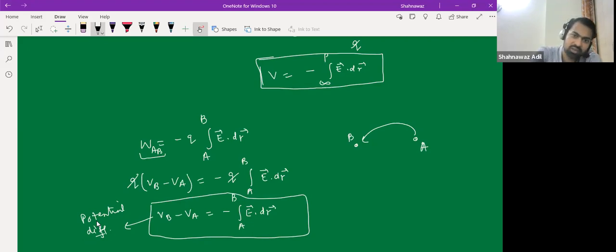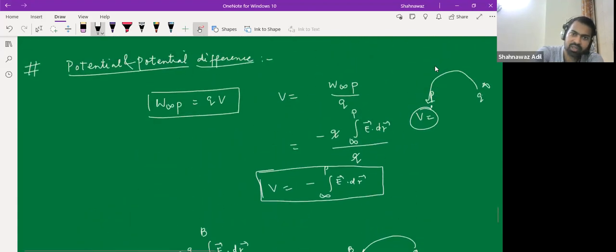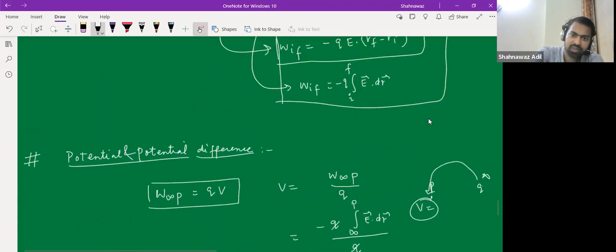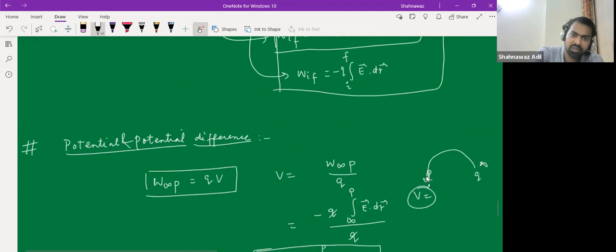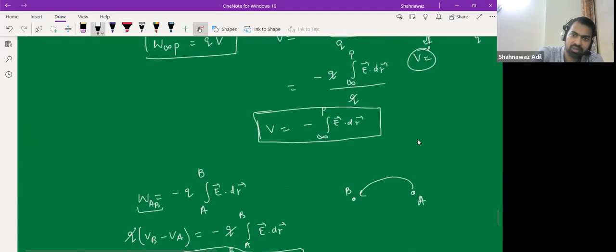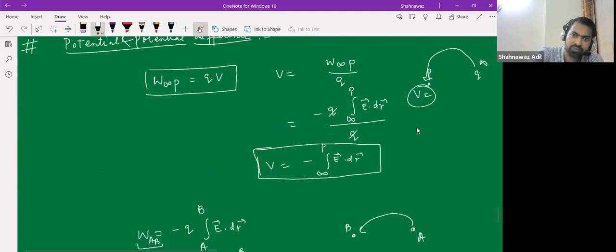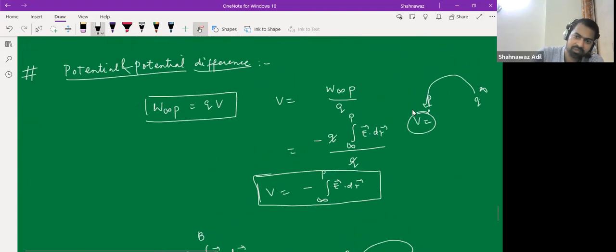Please note down this part and then we'll do the numericals based on these two concepts. So please note it down.